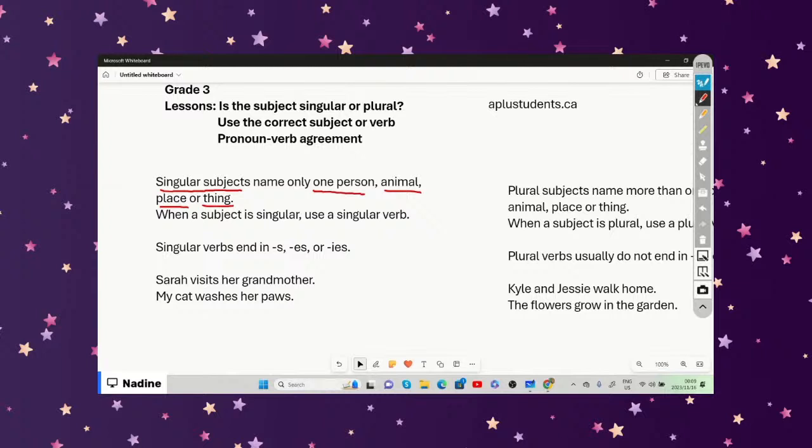When a subject is singular, then we use a singular verb, meaning that it's referring to one specific person doing one action.